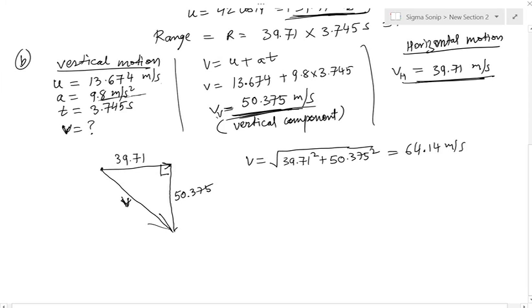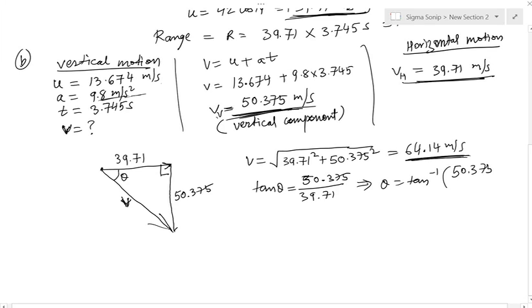But that's not the end of it. Velocity is a vector, which means we also need to find its direction. So I can find that angle. tan theta is 50.375 over 39.71, so theta is equal to tan inverse of 50.375 over 39.71, and that gives me theta equal to 51.75 degrees.